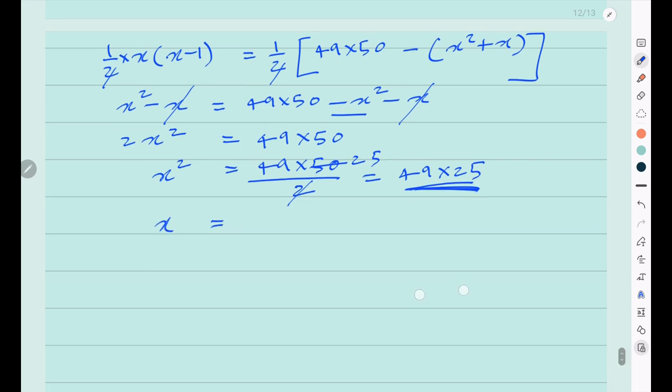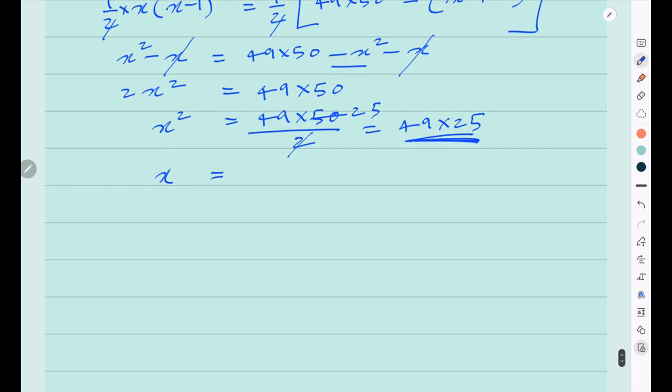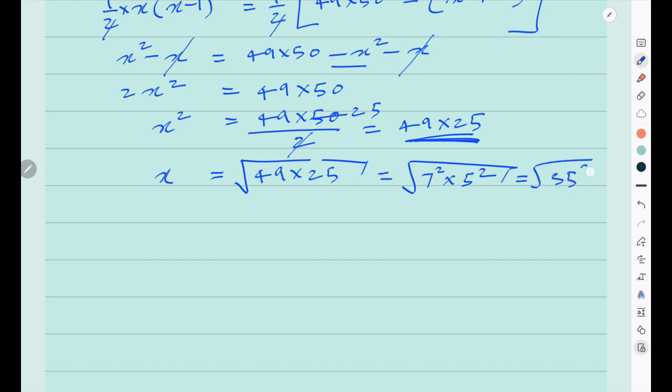Sometimes it's better to just leave it like that. So x squared will be equal to 49 into 25, which is 7 square into 5 square. It means it's 35 whole square.